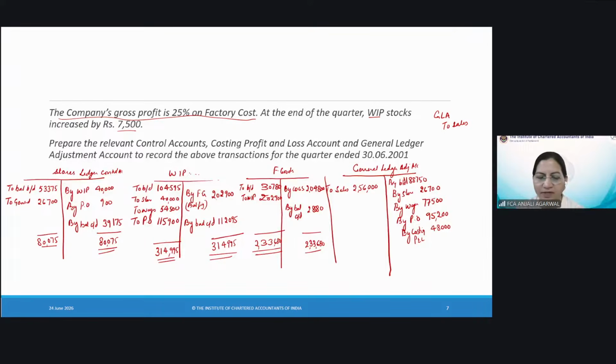So your total expenditure was 388,150, from where you sold 2,56,000 with a profit of 48,000. So from the total expenses you have incurred, you have sold goods worth rupees 256,000 minus 48,000, which is 2,08,000.